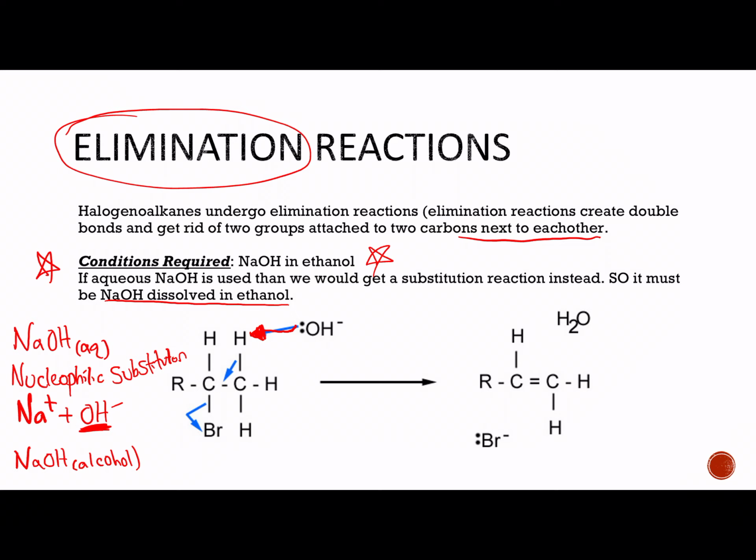It already has the 2 electrons there, so it does not take the 2 electrons from this bond. So these 2 electrons collapse and make a double bond. But at that moment, when you have a double bond here, this carbon would have 1, 2, 3, 4, 5 bonds, and that is not okay because of the octet rule.